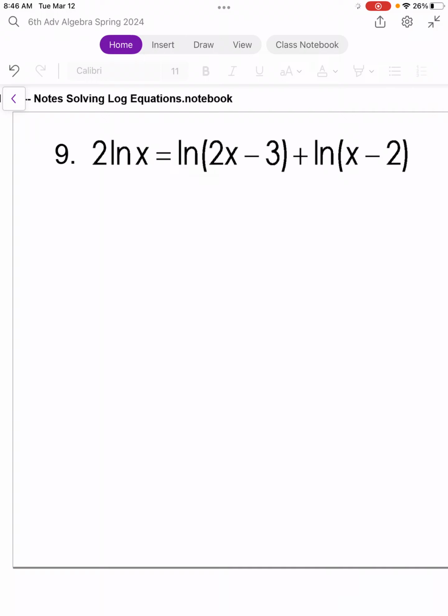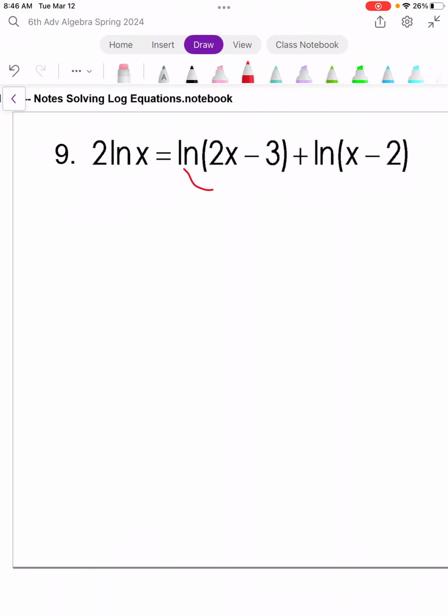Number 9 here. Now I can't get these two natural logs to cancel out. I have 3 here, so I don't have 1 equaling 1. But I could get 1 equaling 1, couldn't I? Because I could condense these into 1. The left-hand side's already 1.